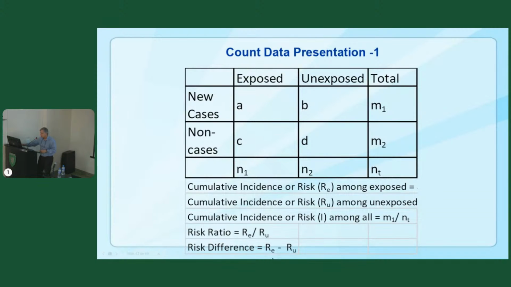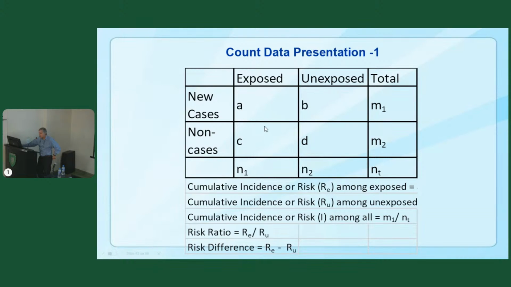Okay. So here, A over N1 is your risk of becoming a new case over time, or risk of disease developed over time among N1 exposed people. B over N2 is the risk of disease among N2 unexposed people. You follow that, right?